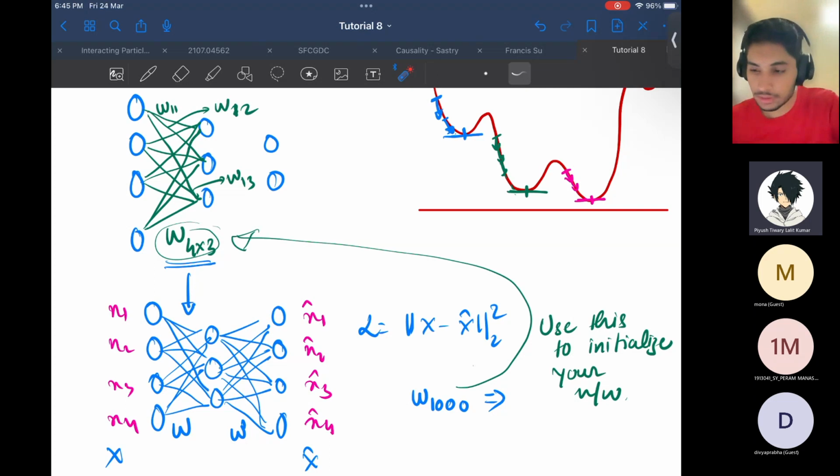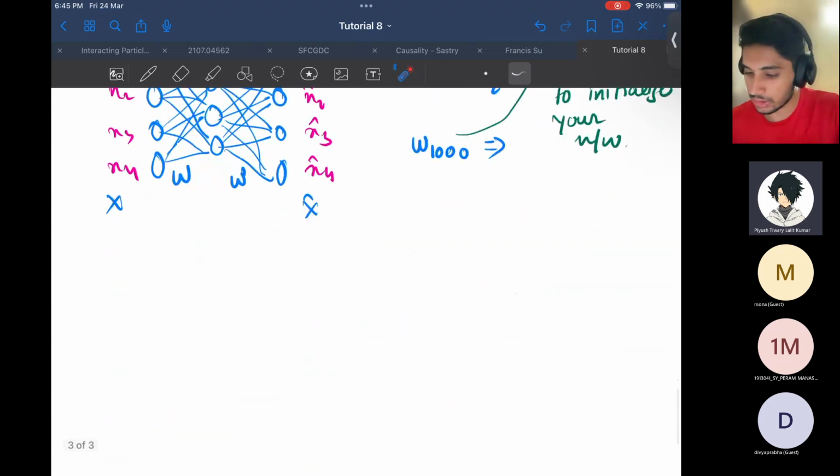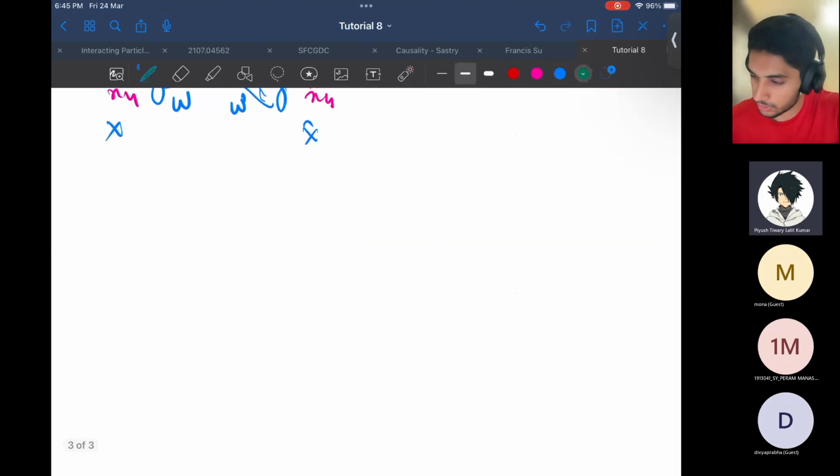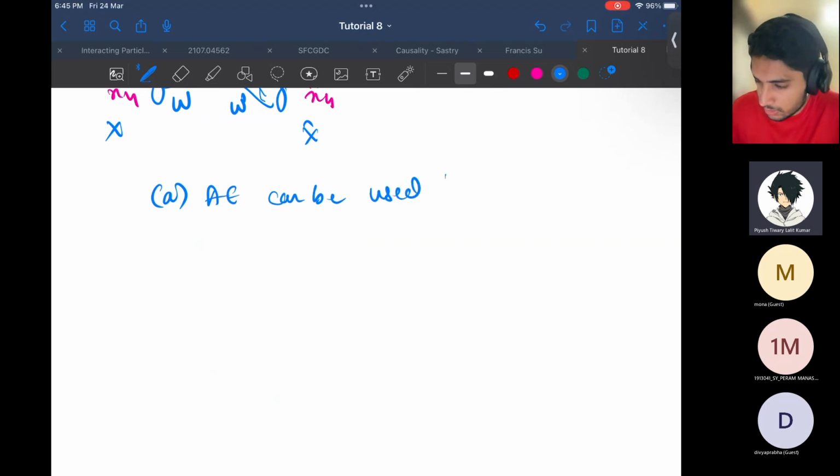Let's come back to our question. The question gives us four options, and we have to choose the incorrect statement. So let us identify the correct statements first. The first one is autoencoders can be used to learn representations from input.